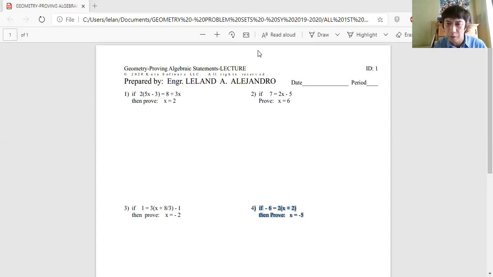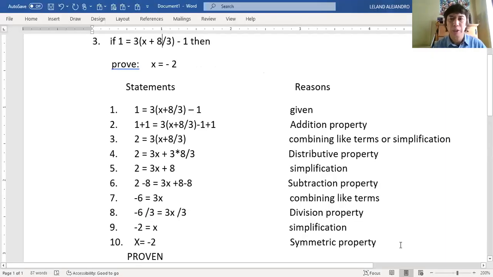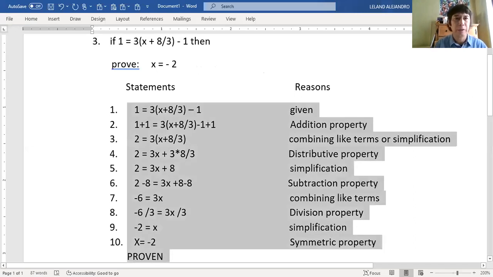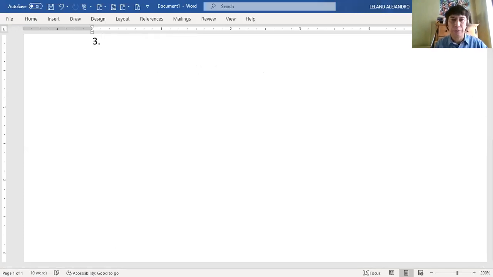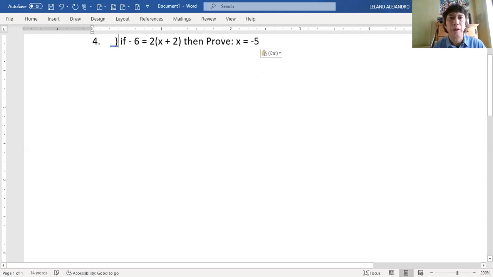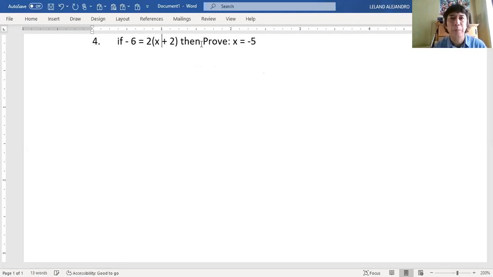Okay, yeah, found it. All right, we shall erase the previous, which is the third. We shall erase this part. Okay, and this will be the fourth, and we paste that. Okay, here is our number 4 example.